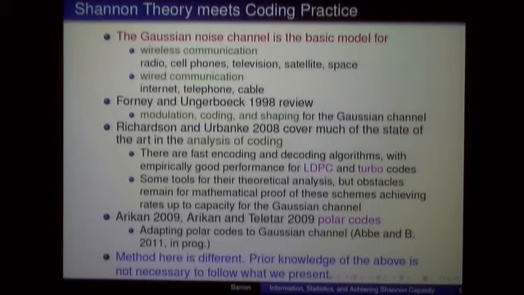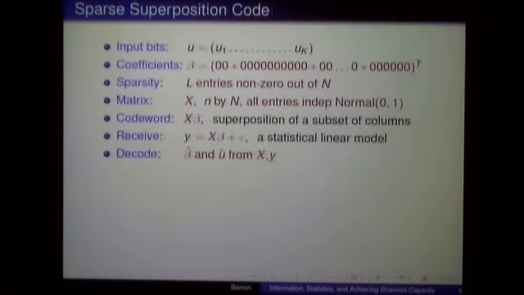And we're making some progress on adaptation of those results to the Gaussian channel with appropriate signaling ideas. So I like those too, but I want to talk about this regression method. The method I'm going to talk about here is different, and prior knowledge of any of the above is not necessary to understand the essentials.